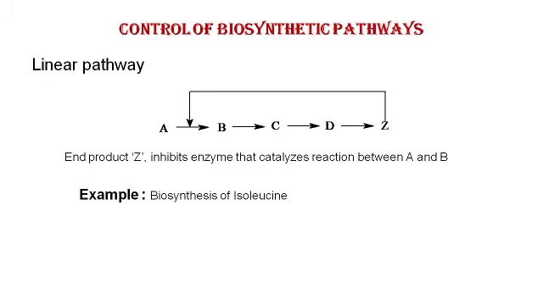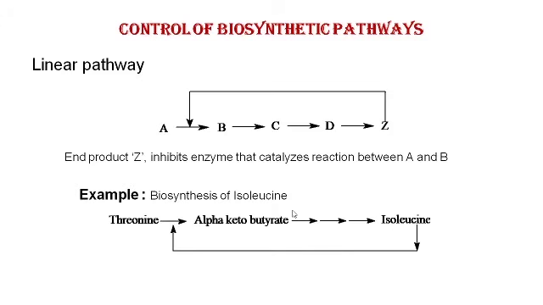To exemplify this, we can take the example of the amino acid isoleucine. So threonine in a series of steps is converted to isoleucine. Isoleucine is an amino acid which is a component of many different proteins, be it structural proteins or enzymes.